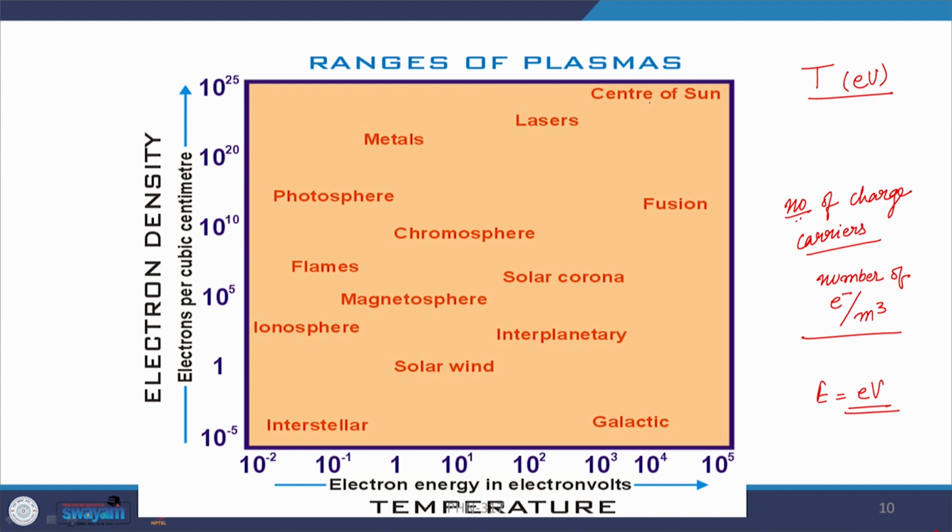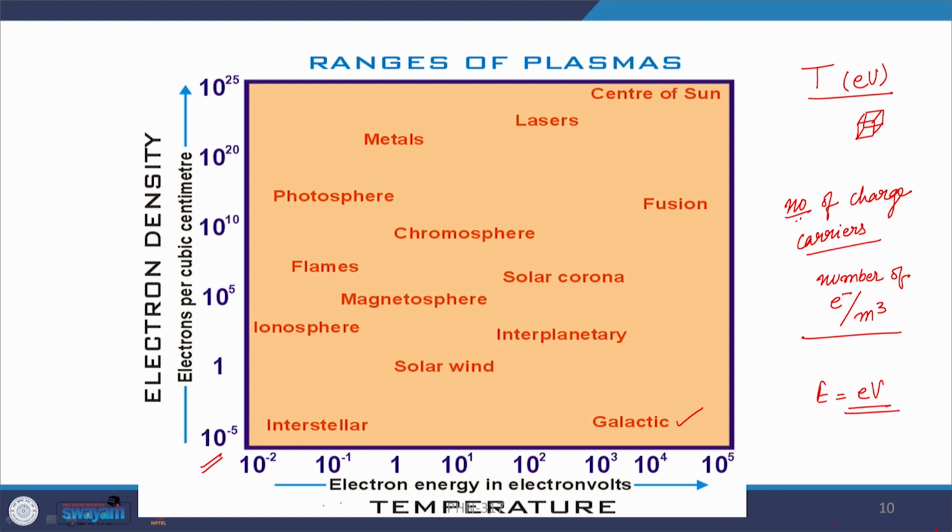If you see all these that appear inside this square, you have galactic plasma, which has very low number densities, 10 to the power of -5 electrons per cubic centimeter. Assume that this is 1 cubic centimeter. There are 10 to the power of -5 electrons. So, the number of electrons per unit volume will be very less.